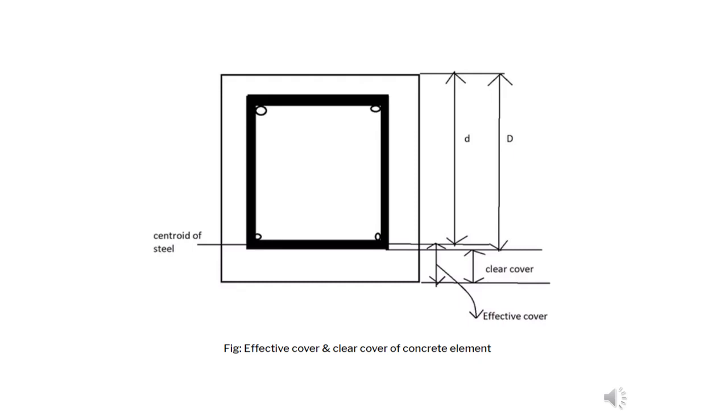You can see how we can understand the clear cover and the effective cover. So this is called the clear cover. For the total depth, capital D and small d are different. I have taken the figure for your clarification only. Don't think that this D is the same D as in the previous slide. It is not like that. This D is also different.